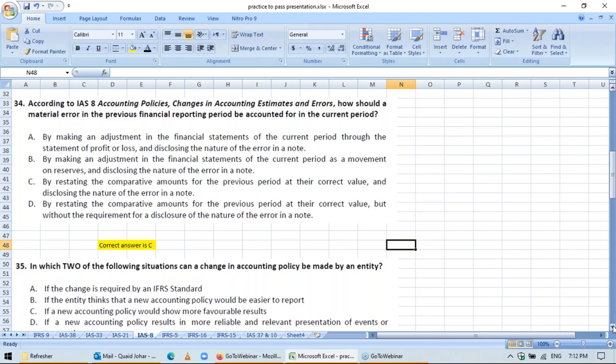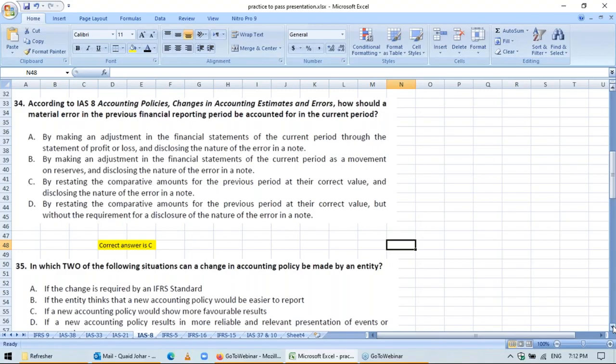We have to restate the previous year's amounts, and along with it, you have to give a disclosure as well. Because once you restate the financial statements, people will compare them with last year's financial statements, and that won't match.